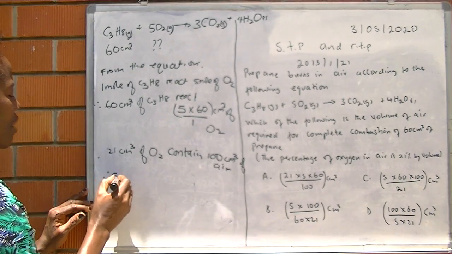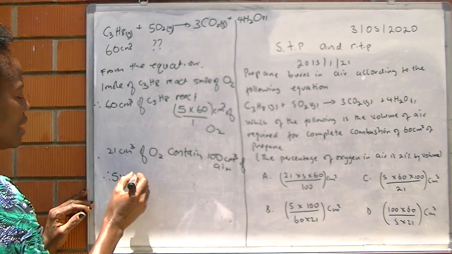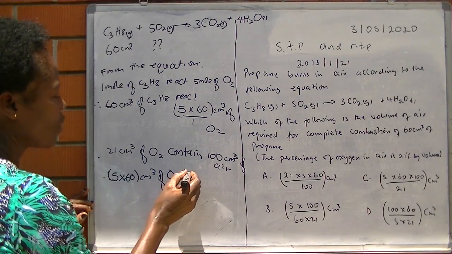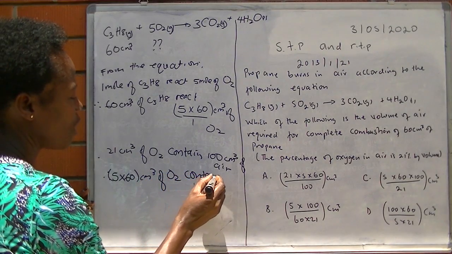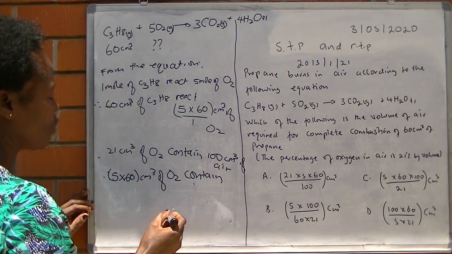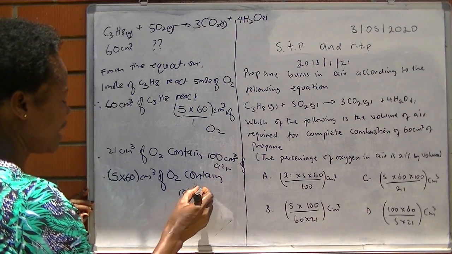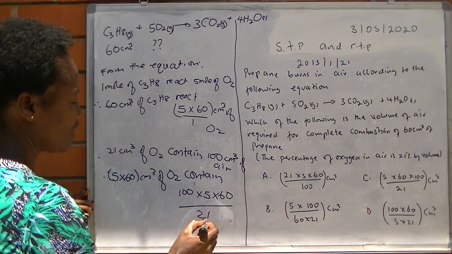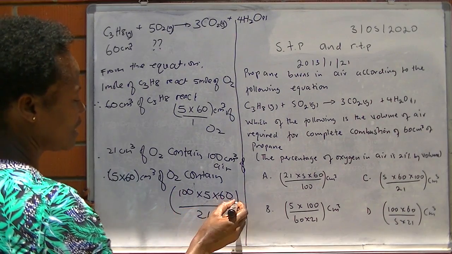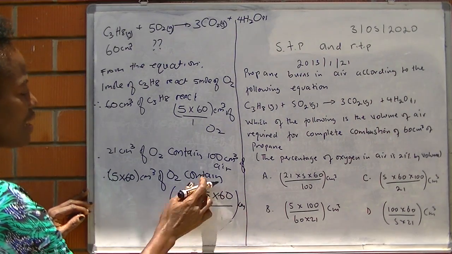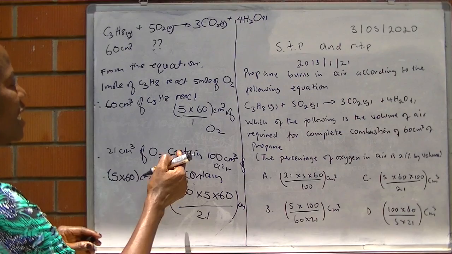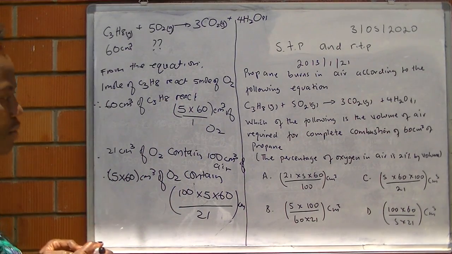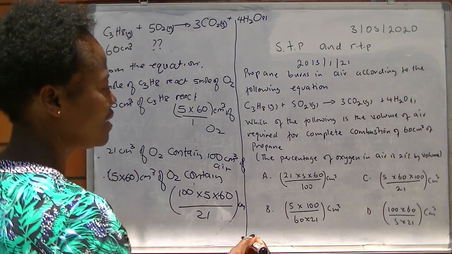Therefore, 5 times 60 cubic centimeters of oxygen will be obtained from how much air? I cross multiply 100 times 5 times 60 over 21 cubic centimeters. So this is the amount of air that will contain this volume of oxygen used for complete combustion. And the answer is C.